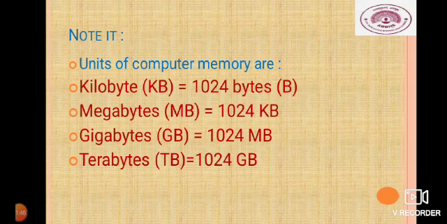These are the units used in computer memory management, like how we use centimeters, meters, liters, milliliters in maths. In the same way, KB, MB, GB and TB are used in computer memory management.